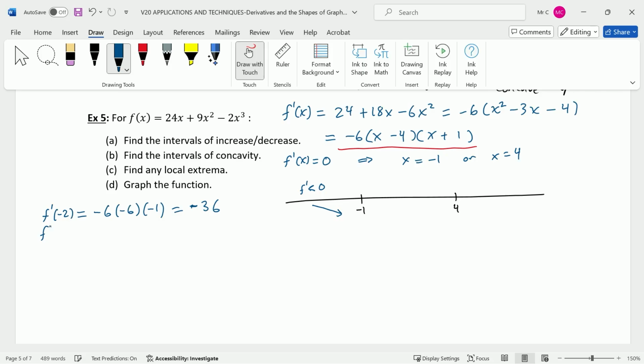And now we'll evaluate f prime at, well, 0 is in the next interval from -1 to 4. And that's actually easier to plug into the original version for f prime. We just get 24. So here we get f prime is positive, and so the graph is going up.